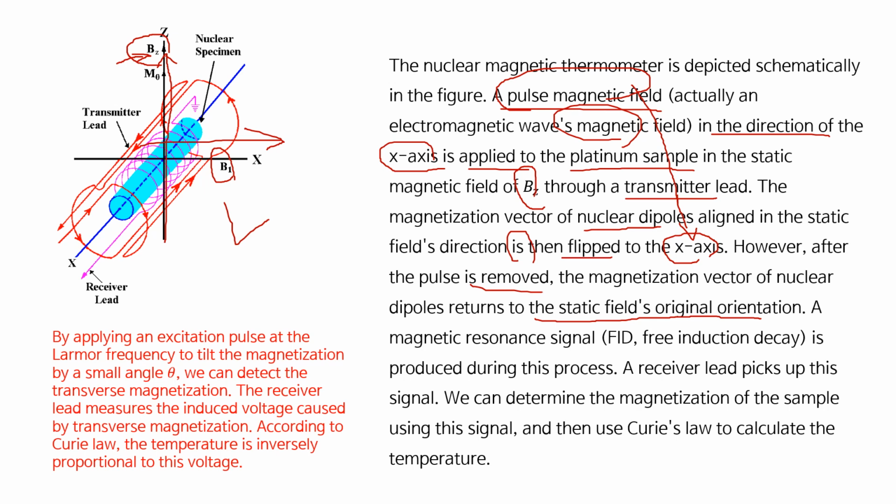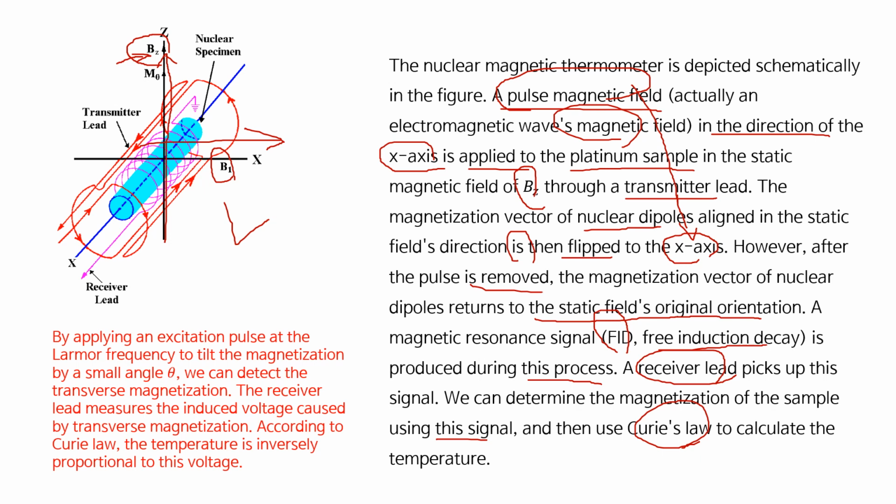The magnetic resonance signal, the FID signal, free induction decay signal, is produced during this process. A receiver lead picks up this signal. You can determine the magnetization of the sample using this signal, and then use Curie's law to calculate the temperature.